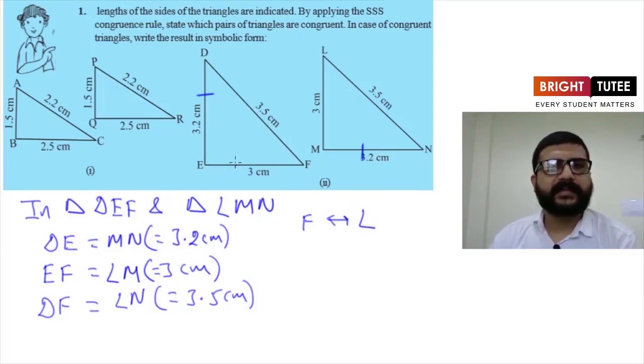And then we have EF. EF is equal to LM. Here is the LM. Now vertex opposite to EF is D. Therefore D corresponds to vertex opposite to LM, and that will be N. Now we are left with vertex E from triangle DEF. This will be corresponding to the vertex M from triangle LMN.